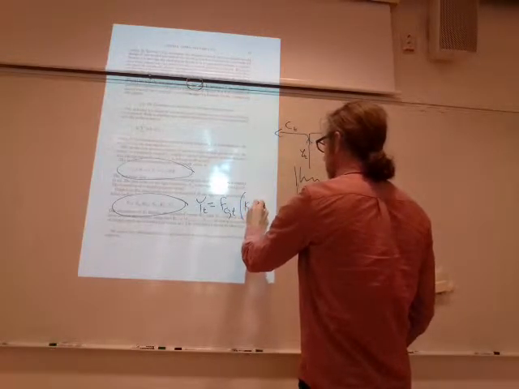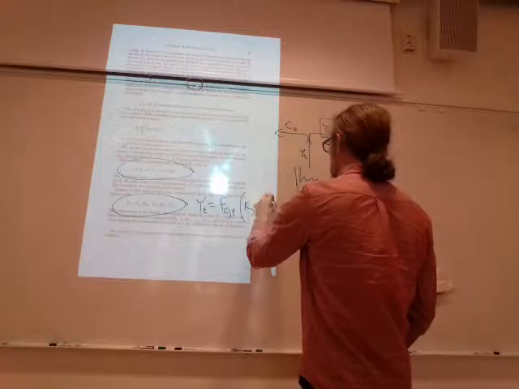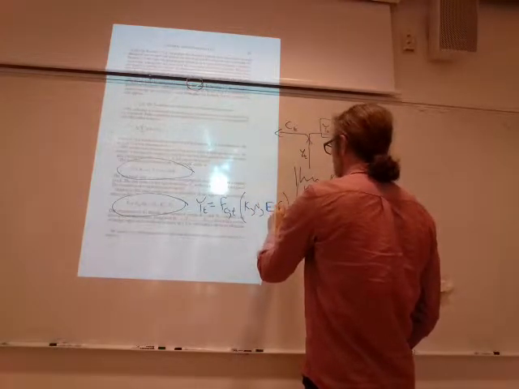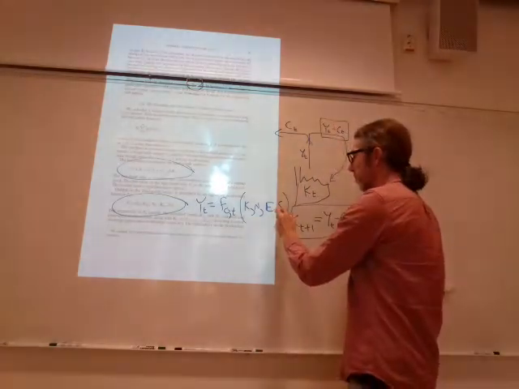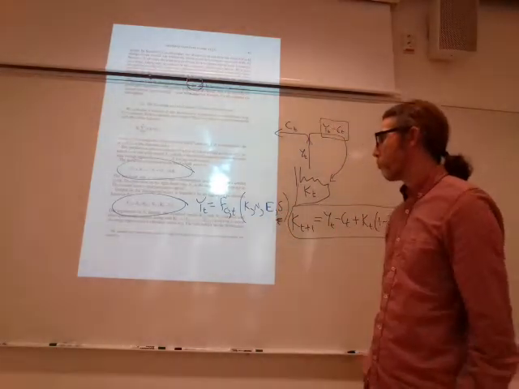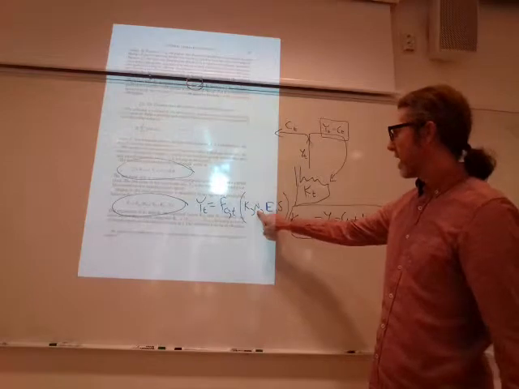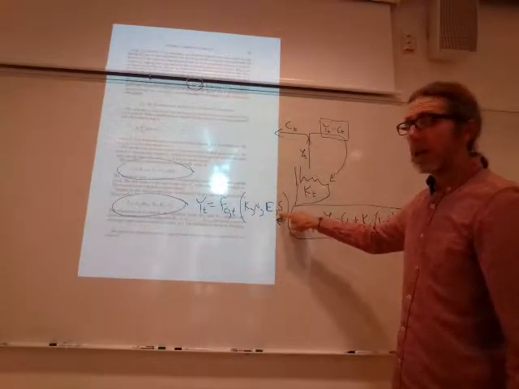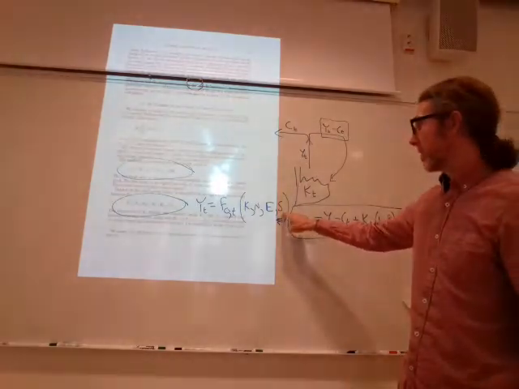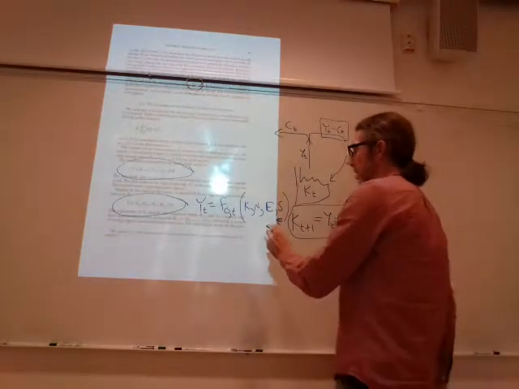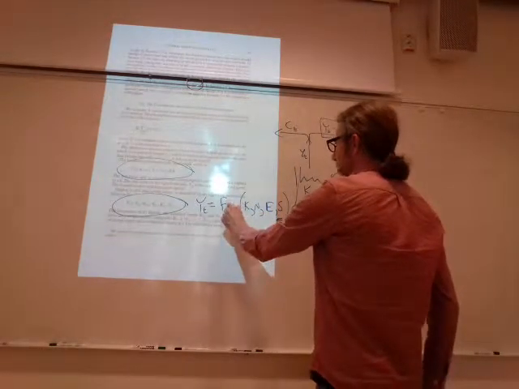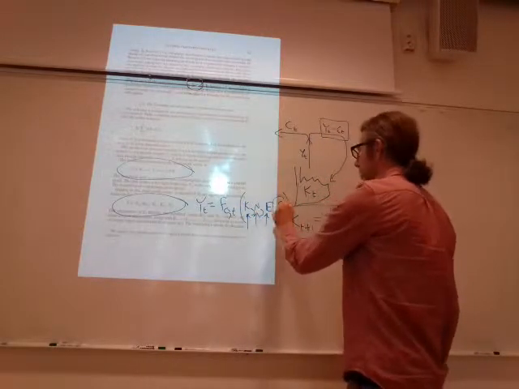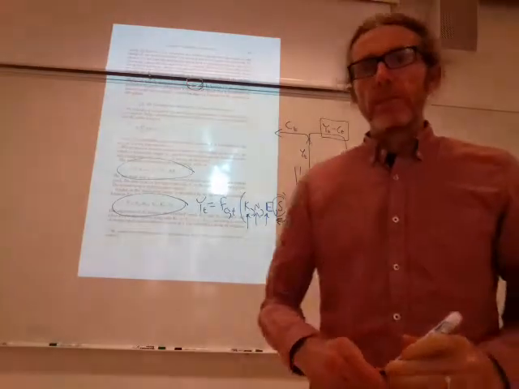That must be technology, energy inputs, and the stock of... N is labor, yeah, of course it is. Capital, labor, energy, and this is the stock of greenhouse gases. So F naught is going to be an increasing function of these, but decreasing in S.